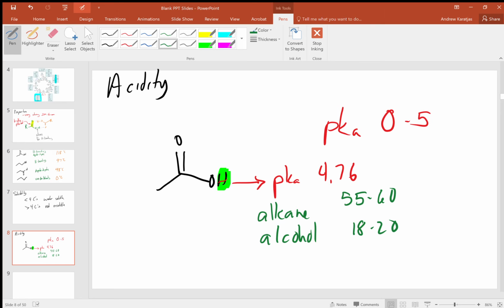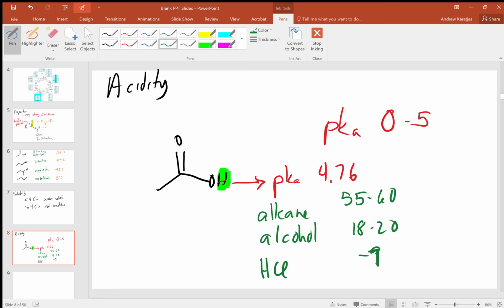So, in comparison to an alcohol, very, very acidic. In comparison to something like HCl, much, much weaker. But, for an organic compound, carboxylic acids are about as acidic as they get.